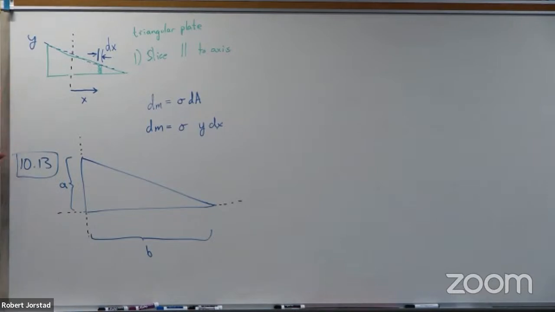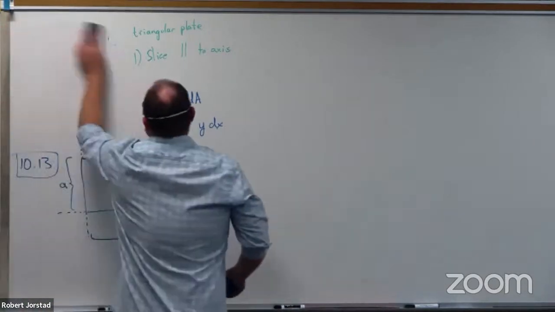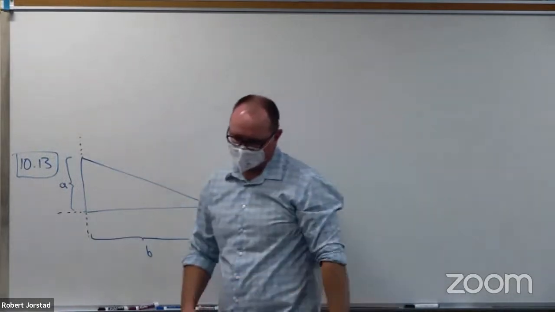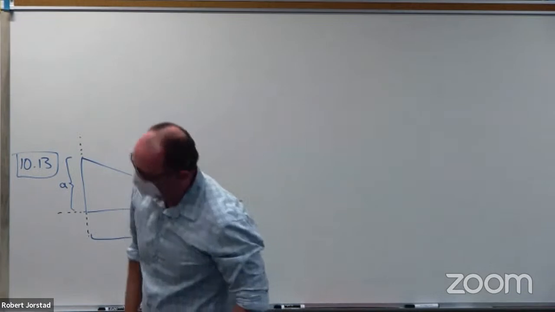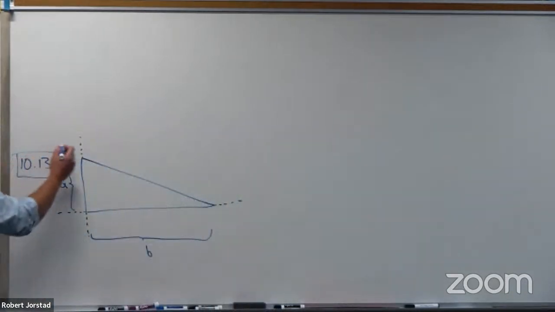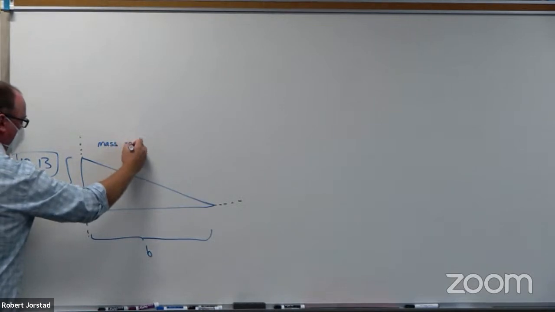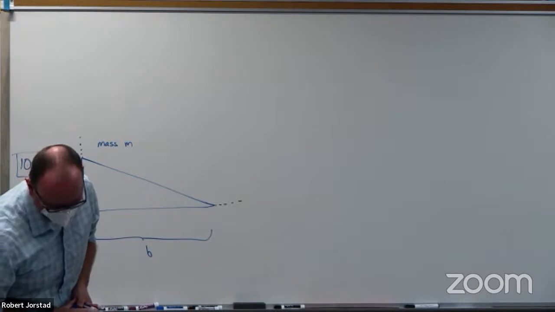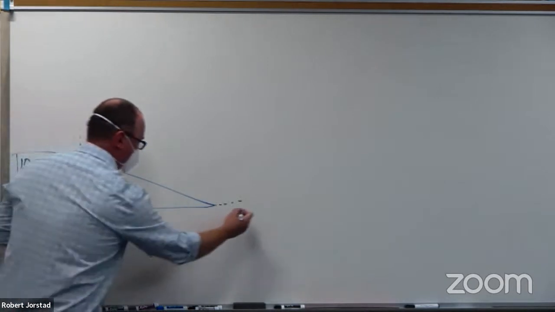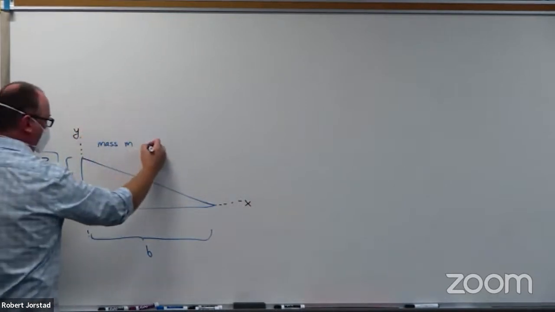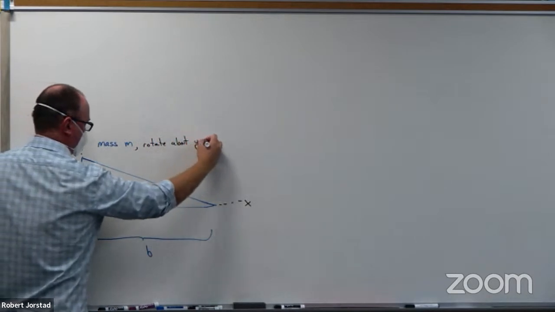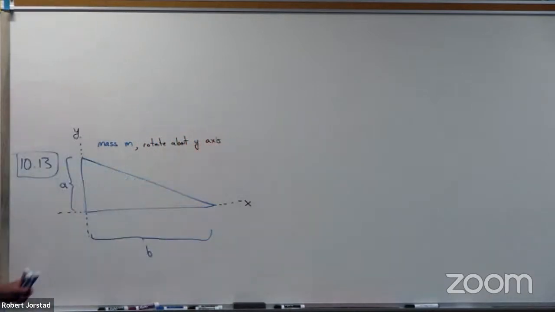So we're just going to actually do the triangle slowly. That way you understand it. Mass M. And then we're going to rotate it about what axis? Does it say? Oh, the vertical axis. So let's say X and Y, and we're going to rotate about Y axis. Okay.